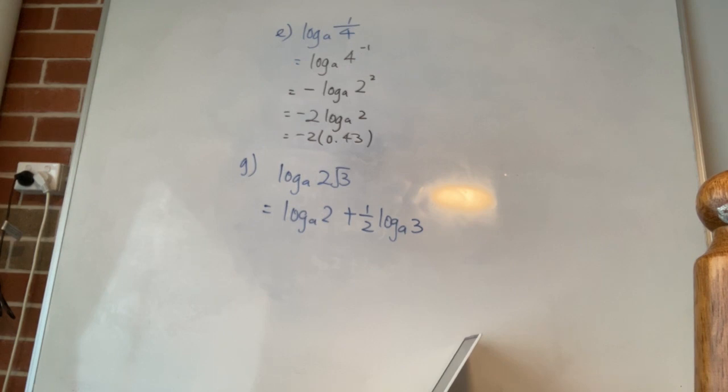Now we can write 3 square, is that correct? Yes. Minus log a of, what can you write as? 2 square. Yeah, 2 square. And the square, can you write the square? And the square can go to the front as well.